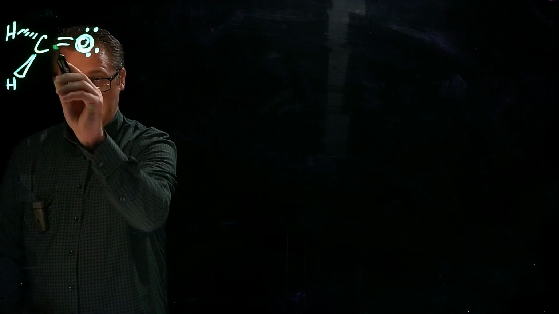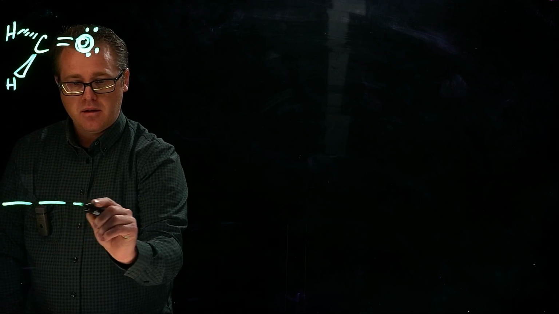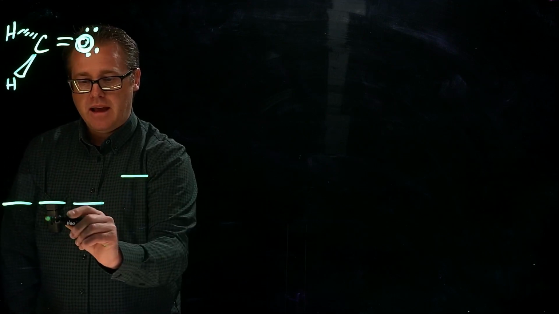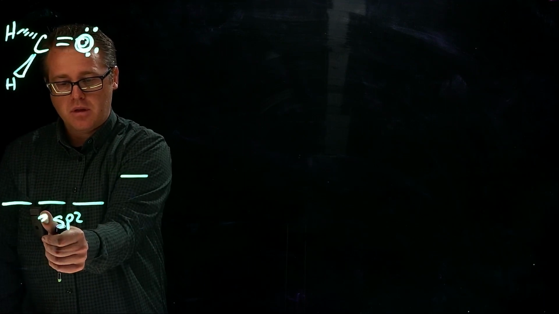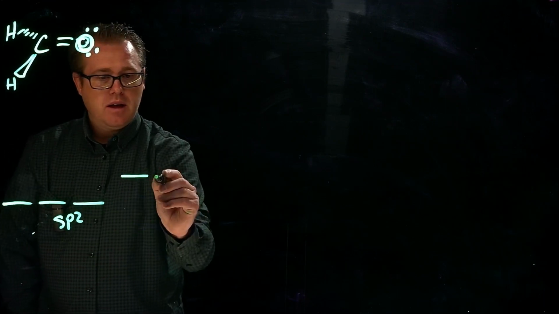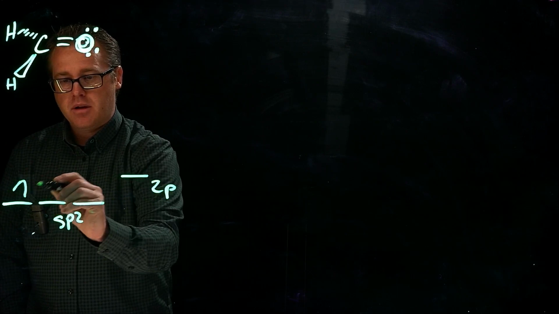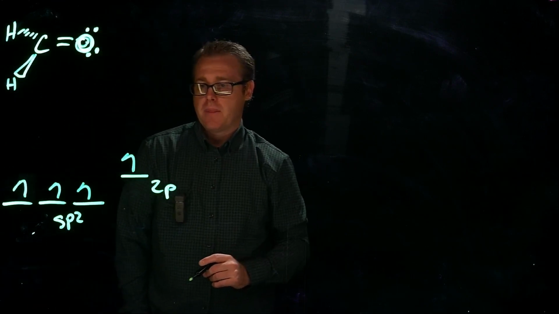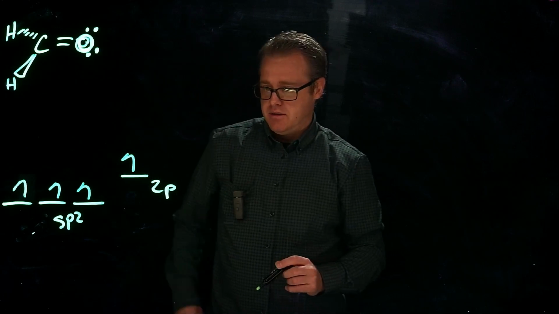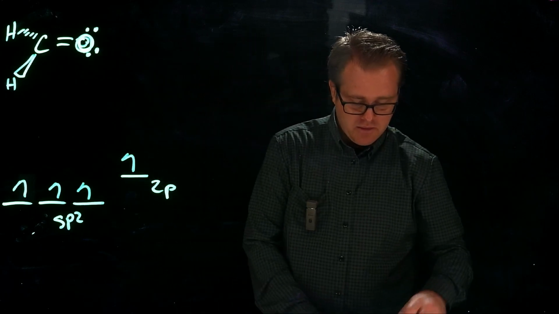So I'm just going to represent this carbon right here like this. So we have our sp2 right there. And then our 2p, and so our electrons look like that. Okay. But oxygen, I'll draw it over here.